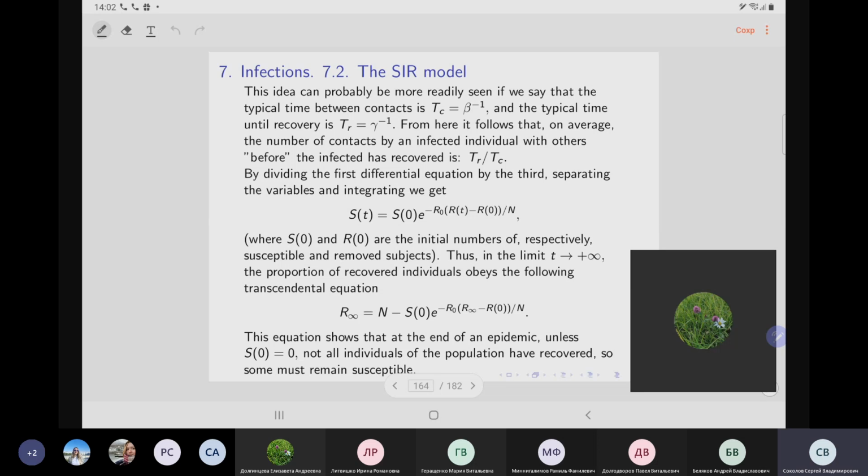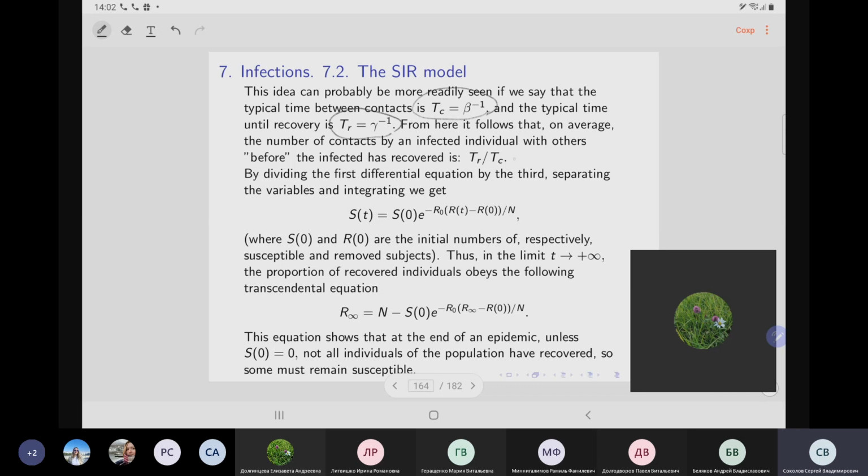We can say that the typical time between contacts is 1 divided by beta, the typical time until recovery is 1 divided by gamma, and therefore the basic reproductive ratio is the division between these times: the time until recovery divided by the typical time between contacts.